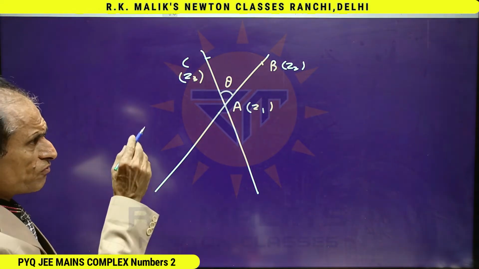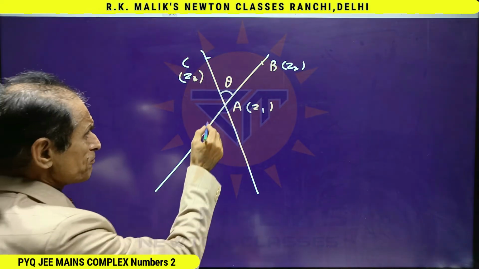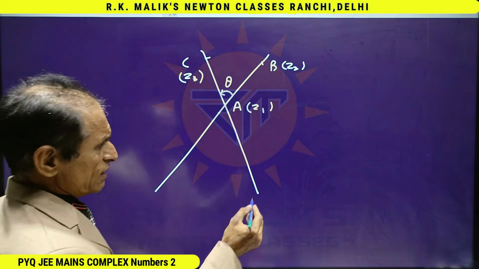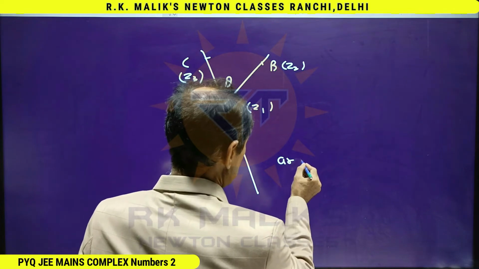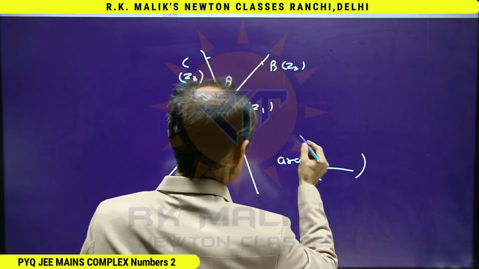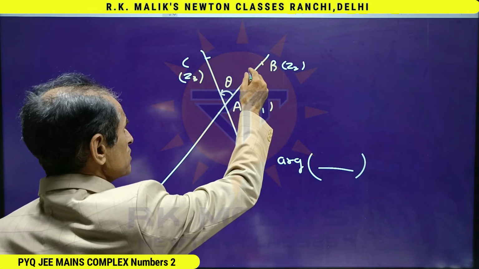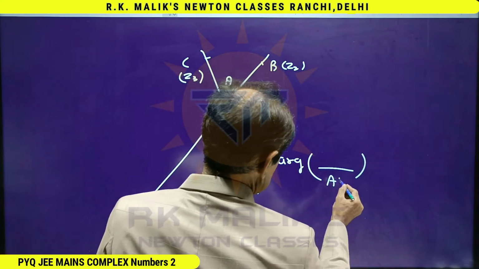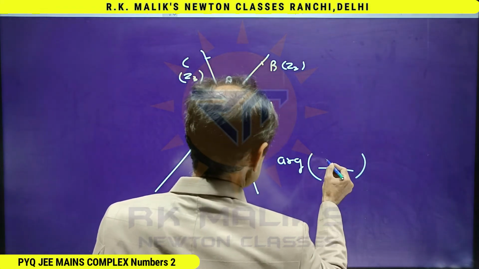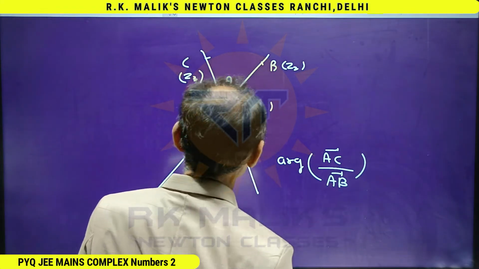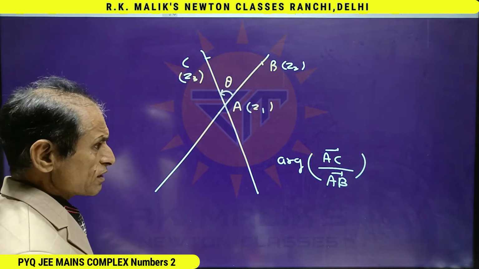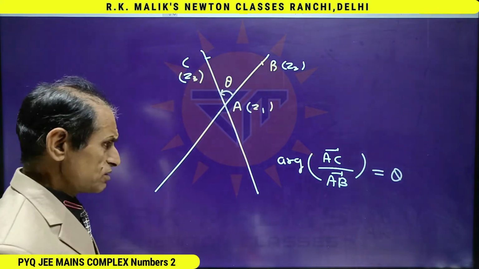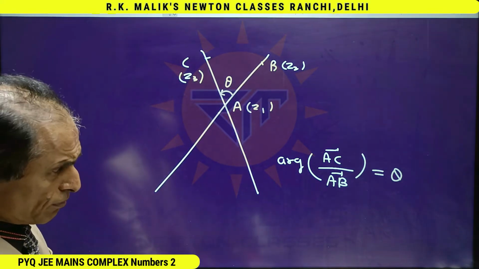Remember that whichever angle you want to find, first make an anti-clockwise direction in it, and after that write the argument of, starting from the vector from where the angle is starting. That is, you will write the AB vector in the denominator and the AC vector you will write in the numerator, and whatever is the argument of this, that will be equal to this angle. You have to remember this thing.